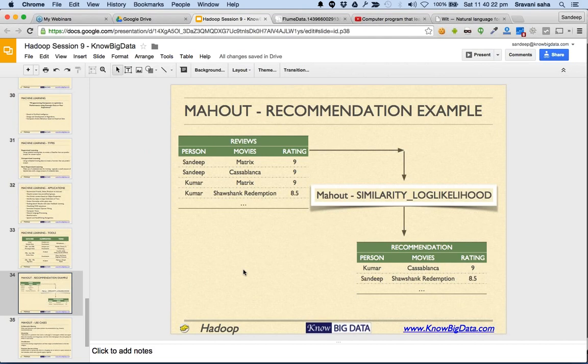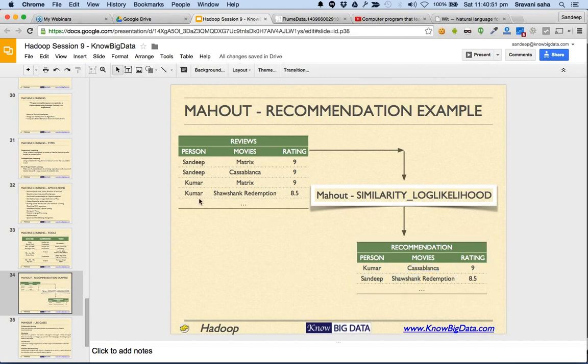We'll try to do a prediction of movie recommendation based on the past data. So, for example, Sandeep likes Matrix, Sandeep likes Casablanca, Kumar likes Matrix and Kumar likes Shawshank Redemption, and this much. Based on this three-column data, Mahout will generate the movie recommendation saying Kumar might like Casablanca, Sandeep might like Shawshank Redemption.